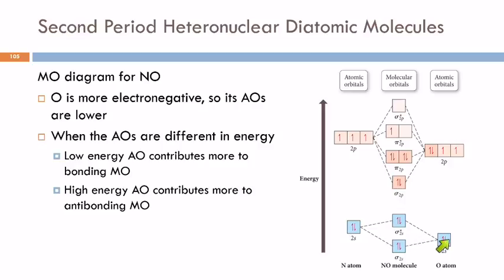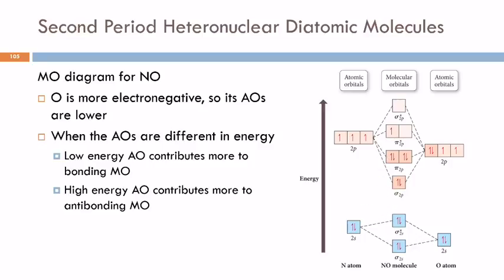And so the lower energy atomic orbital has more effect on the bonding molecular orbital, and the higher energy atomic orbital has more effect on the antibonding. And here we've got the splitting here with the sigma star, pi, and sigma.